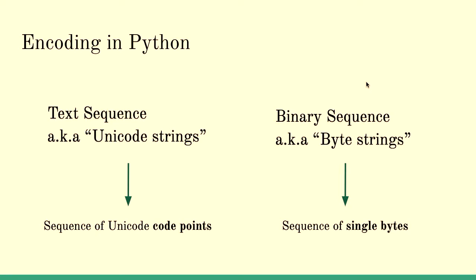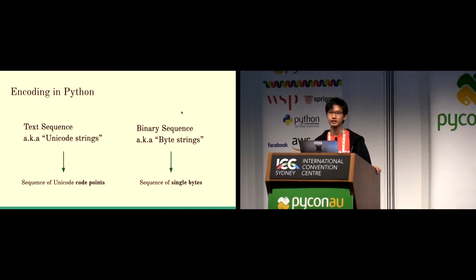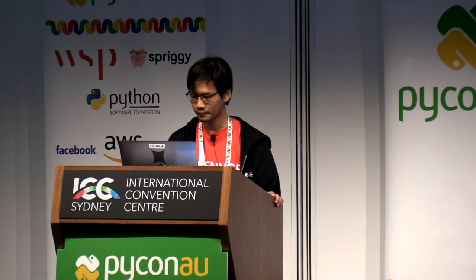As I explained before, they're not actually letters, but just code points that are assigned to a concept of a letter. And the byte strings themselves are just a sequence of bytes. So you can know that these sequences don't necessarily have the same length, even though they encode the same information.